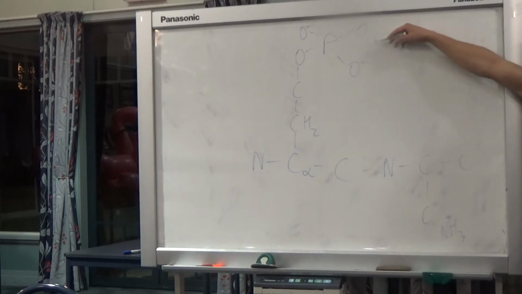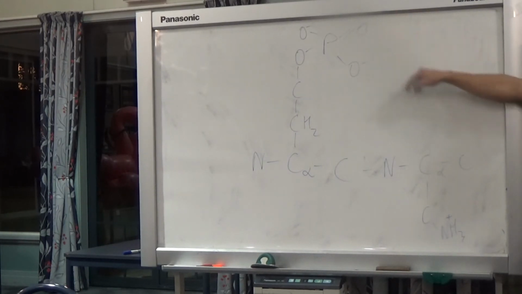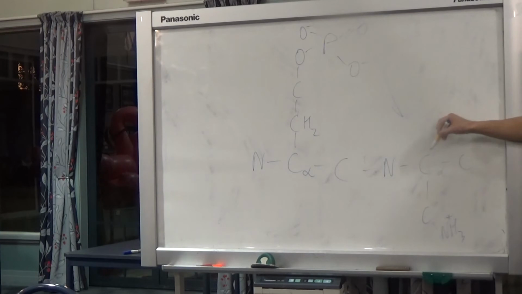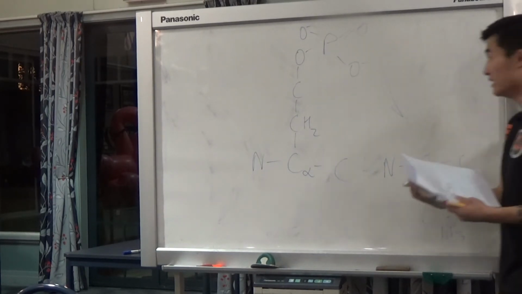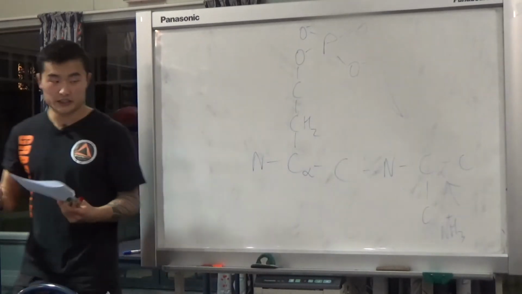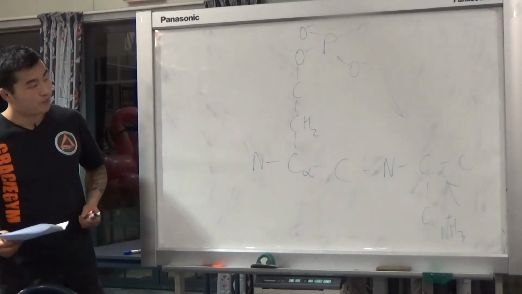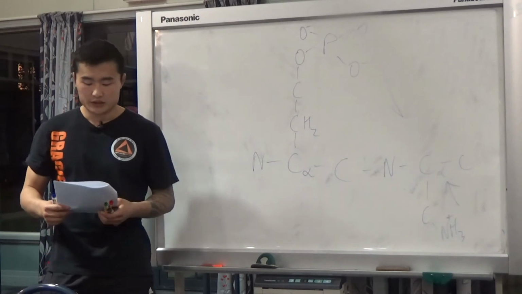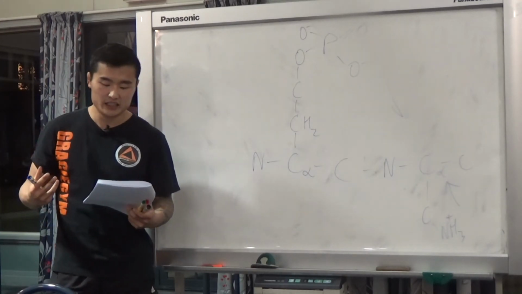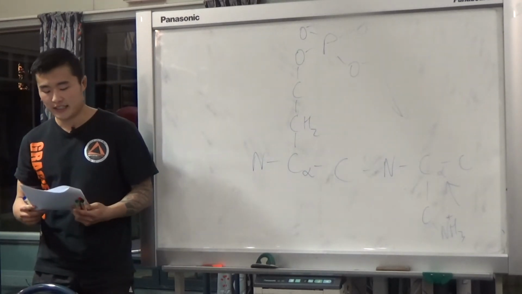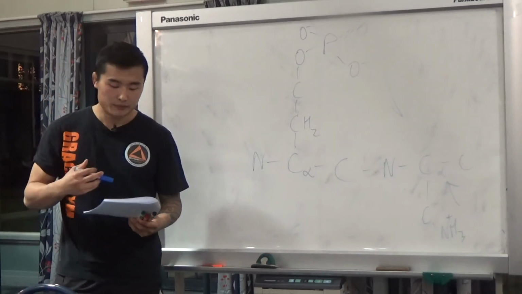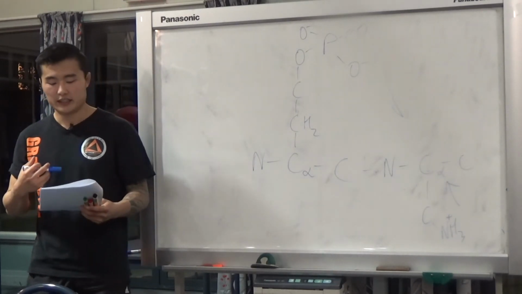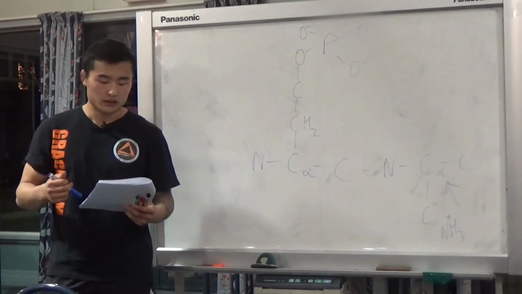Then you've introduced a negative charge here, so that's going to want to get closer to the positive charge, and that's going to change the shape of the protein, right? So by phosphorylating the protein, you can induce a conformational change, and that's going to change the activity of that protein. So it can either turn it on or turn it off.